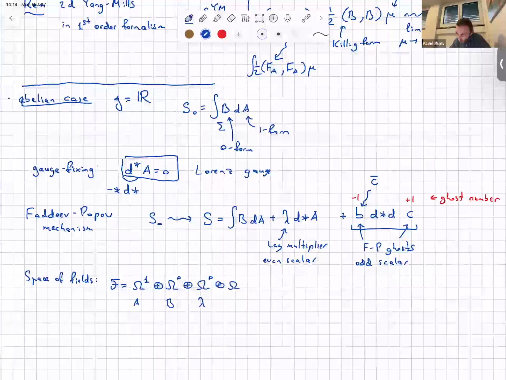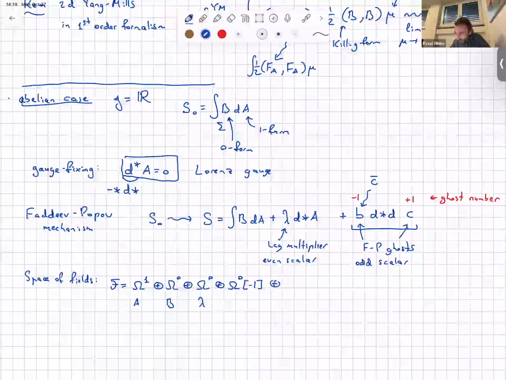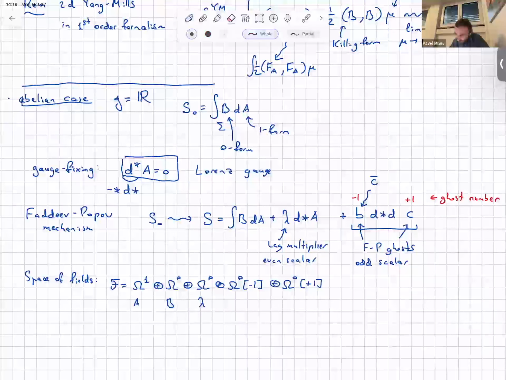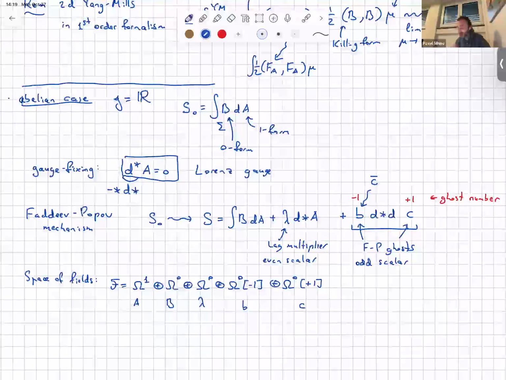We also have two copies of 0-forms, placed in degree -1 and degree +1 with respect to this extra grading, the ghost number. This is where the ghosts live, the b ghost and the c ghost. So this is the space of fields.